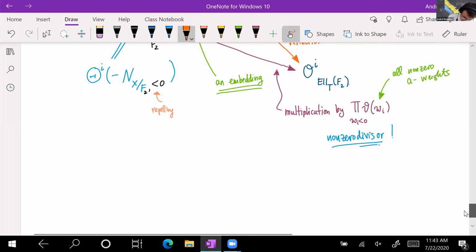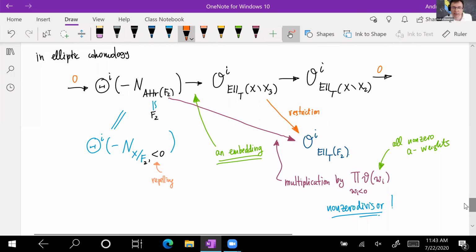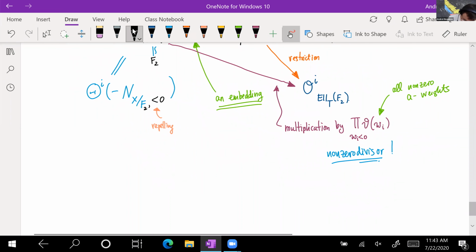And so in particular, we can look at the zeroth term. Again, we have some complex of sheaves, and now we're going to look at just the zeroth term in that complex. So I just drop the zero.